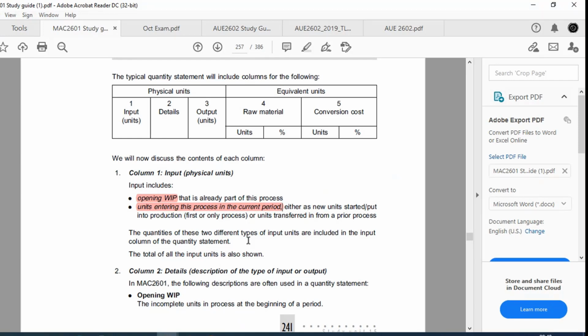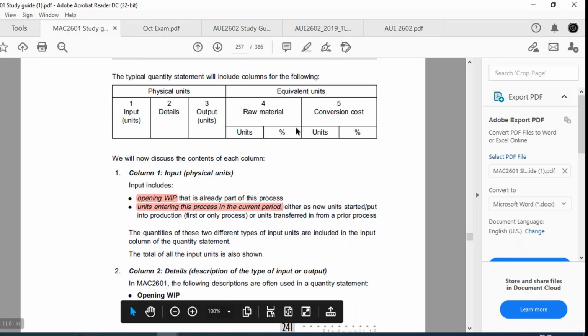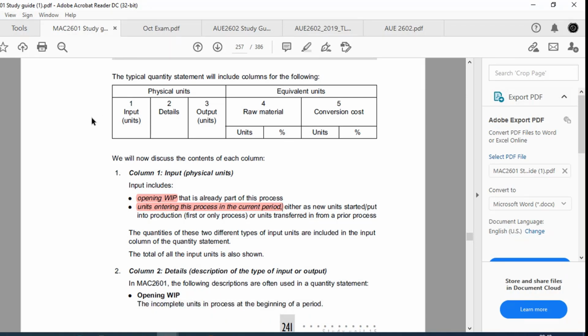That's what would fit under input, right? Opening WIP will be coming from the previous period being entered into a new process, but we must also not forget that there are other materials that you would be putting in during this specific current period.